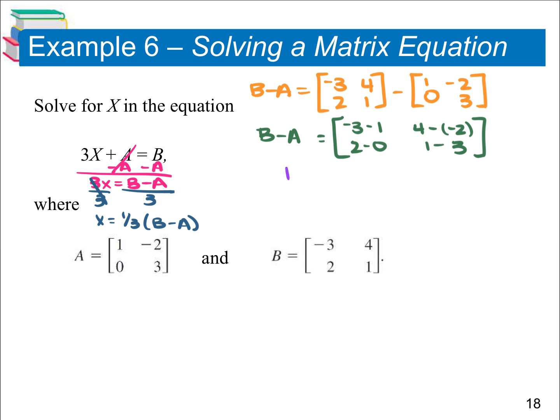To simplify this, we're going to have negative 4, 6, 2, negative 2.